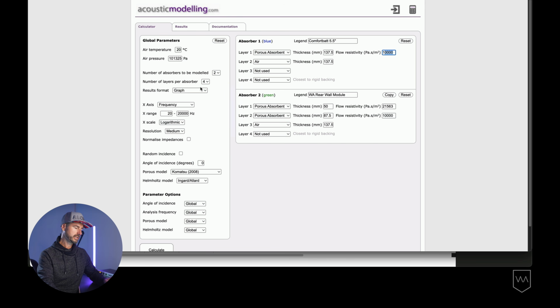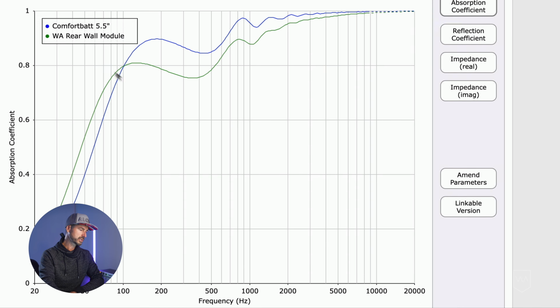So what I've done here is I've compared the estimated acoustical performance of this multi-layered module with just a single density, using 5.5 inches thick of Rockwool Comfort Bat, with an air gap behind of 5.5 inches. If we go back over to our results, you can see the blue line is the Comfort Bat and the green line is the module that I'm looking at. And you might say, oh, well, the absorption coefficient is actually lower, and it is, but it also goes deeper.